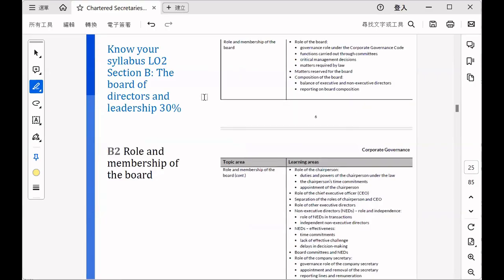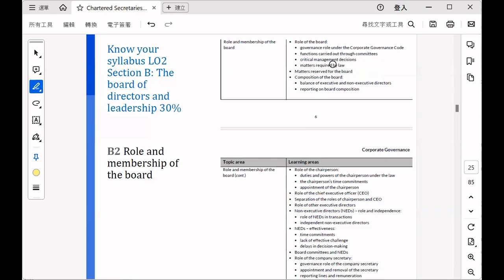Now, the second part is about the board membership. Who are they? What are the functions of the board? What are the methods required by the law? Methods reserved for the board? The composition of the board, reporting on board composition. So these are the things commonly asked in the examination paper.